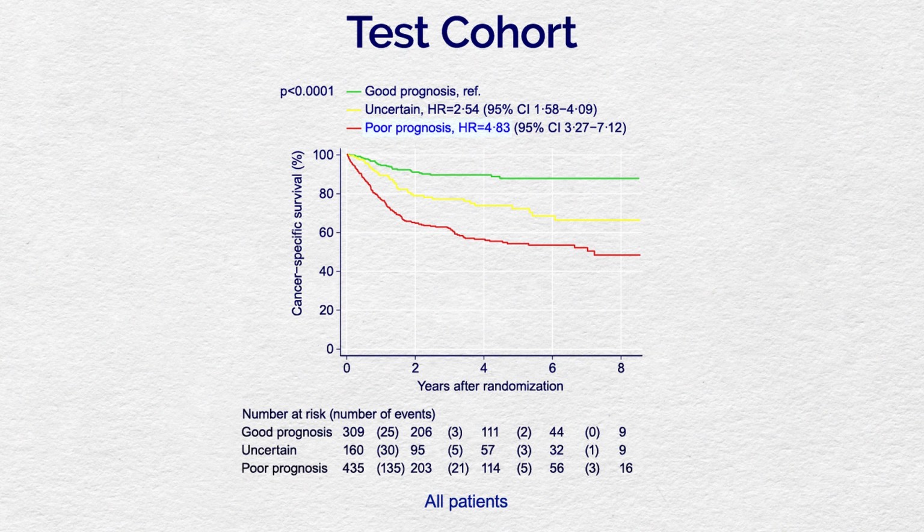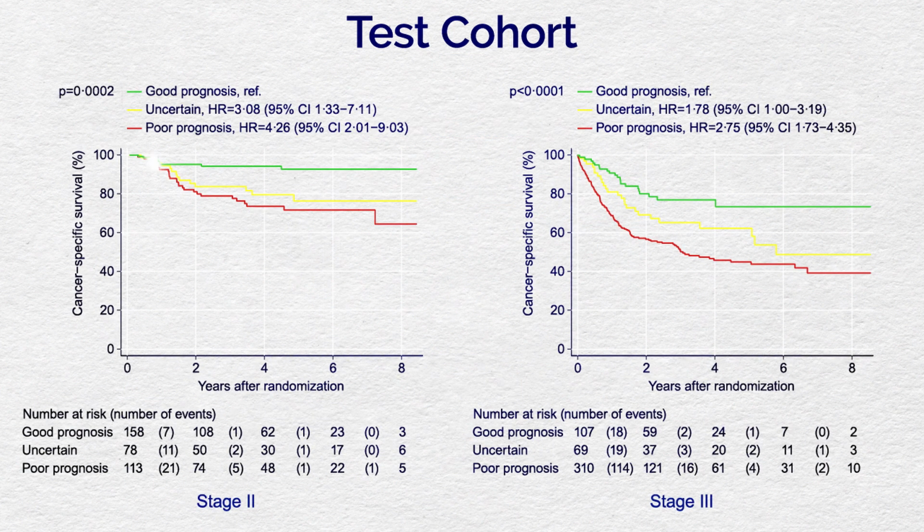Patients in the poor prognosis group had more than 4 times higher hazard of cancer-specific death than patients in the good prognosis group. The Tumor V1 CRC classifier was also a significant predictor of cancer-specific survival in Stage 2 and Stage 3. This strong prognostic performance indicates its applicability in different laboratories.